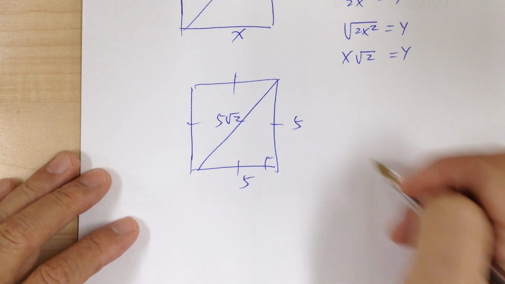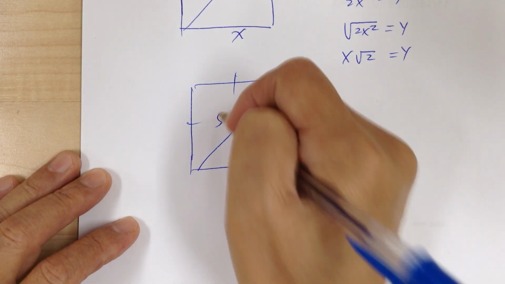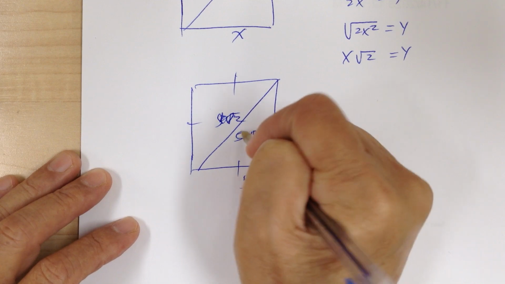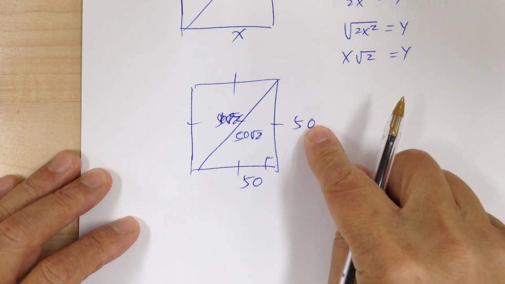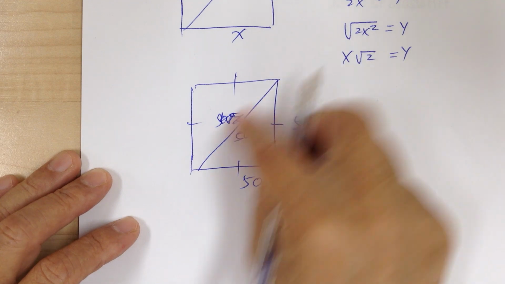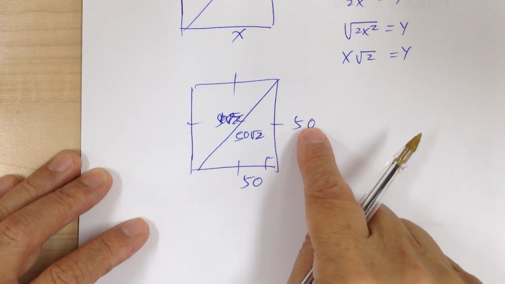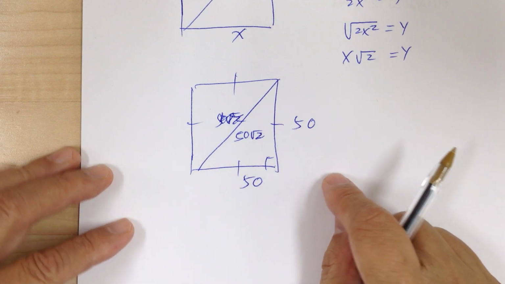What if this is 50? Then it would be 50 square root of 2. Whatever this is, you multiply by square root of 2 to get the hypotenuse. And vice versa, going backward, if you know the hypotenuse, you just divide by square root of 2.